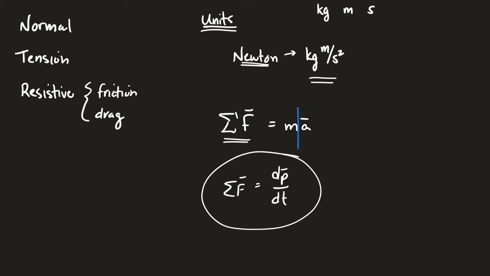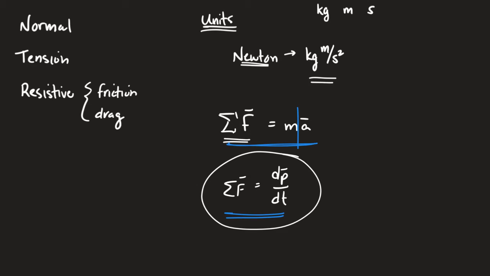No better way is there than thinking about a rocket or an automobile, where its acceleration is related to the rate at which the fuel is consumed. And therefore, as you consume fuel, your mass changes. Newton was also able to anticipate that collisions could occur that would change the mass of an object. And therefore, he never assumed that the mass of a system was constant. Which is why this formulation actually is more valuable than this formulation.